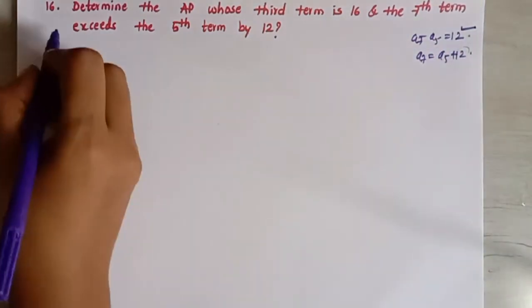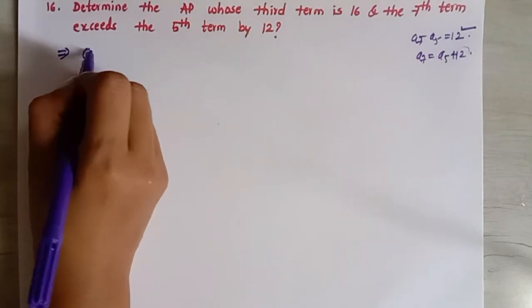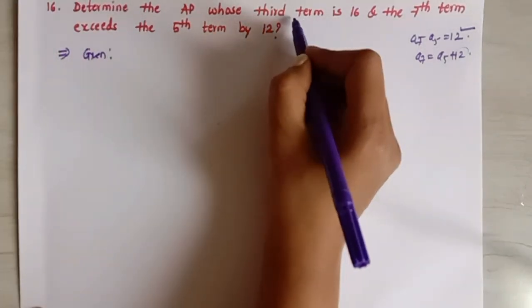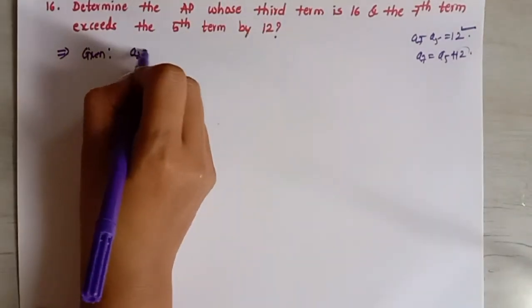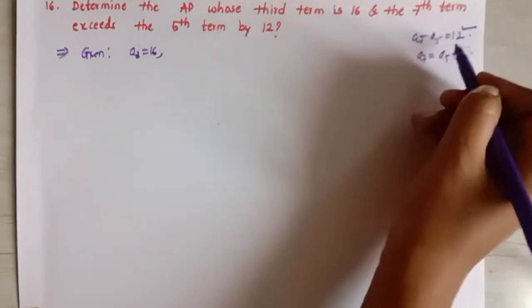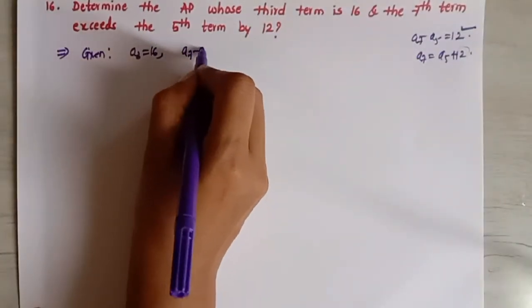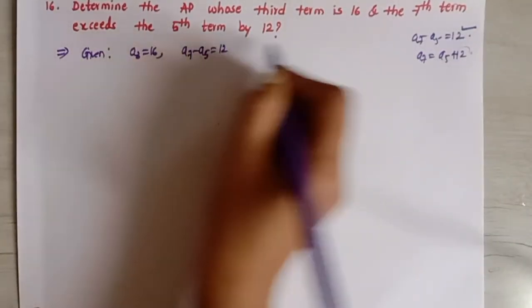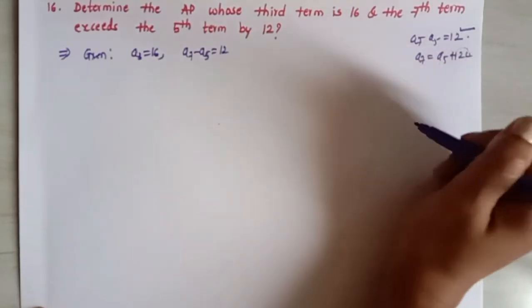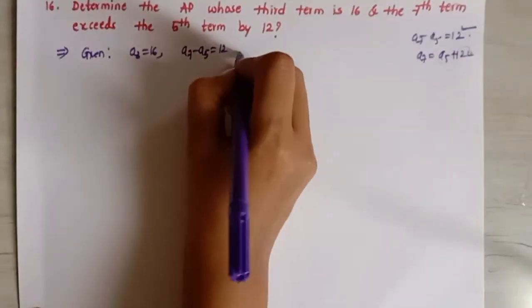So what is given? Let us write. The third term, that is A3, equals 16, and the seventh term exceeds the fifth term by 12, meaning A7 minus A5 equals 12, or else A7 is equal to A5 plus 12. This also we can take. Next, what do we have to find?